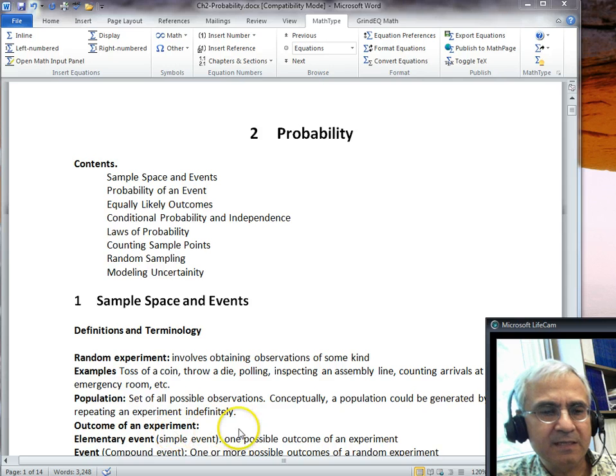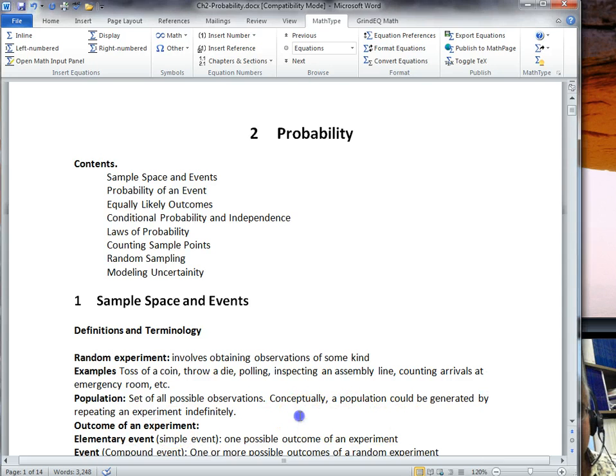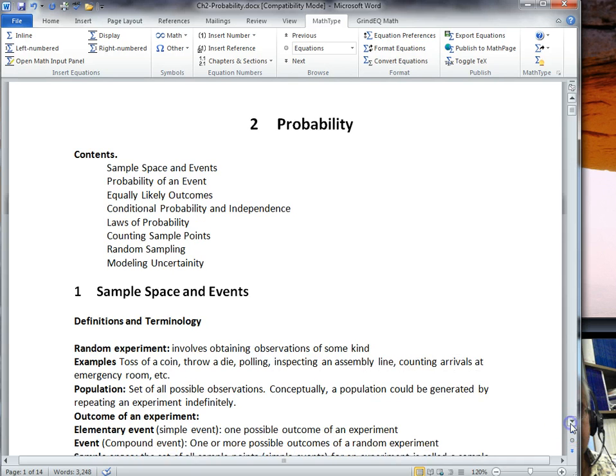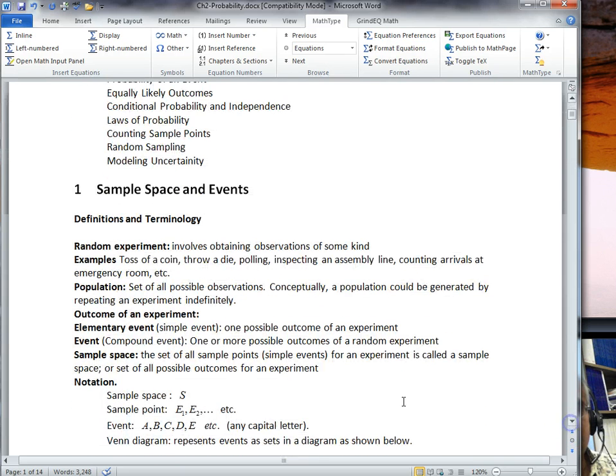Outcome of an experiment. So you perform the experiment. We're talking here about the random experiment. And what's the outcome of an experiment? There's an elementary outcome or simple event, which is one possible outcome of an experiment. Simple example, if you throw a die and you observe a 6, that's a simple event.